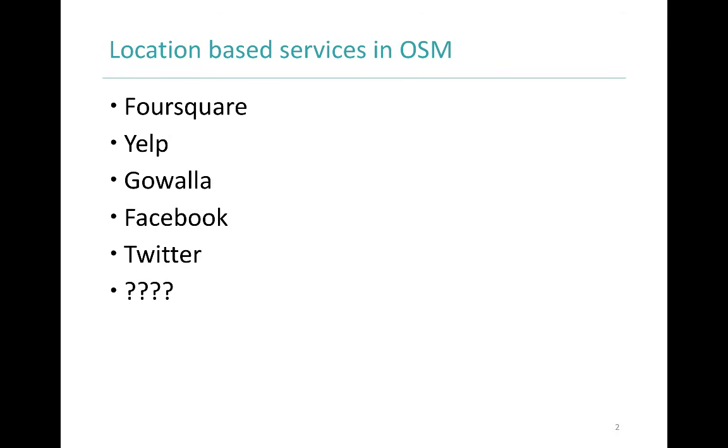That's a location-based service. You open your phone, check into this location or post a status update with the location in it. Foursquare and Yelp are very popular services which do location-based services. These are called location-based social networks.